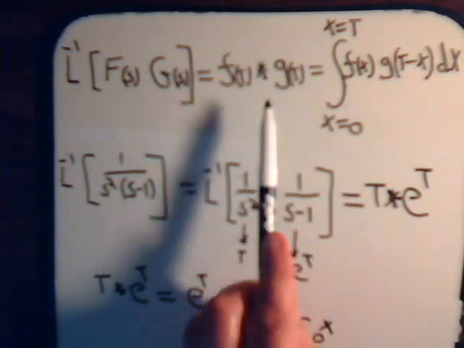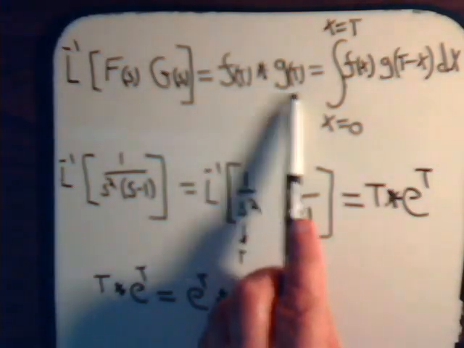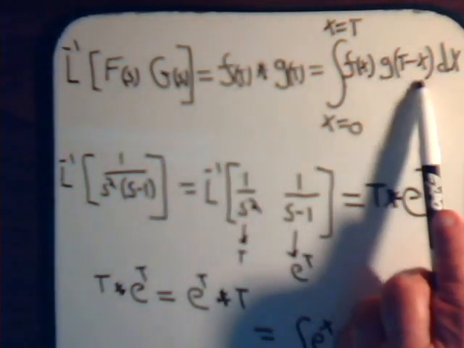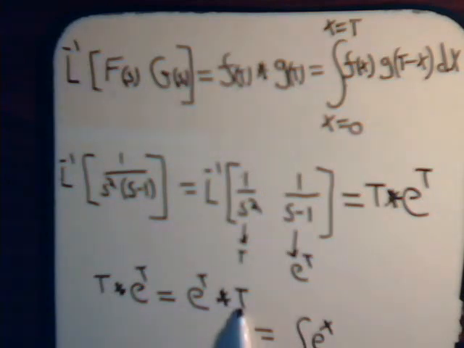Now, on the right-hand side of the star, g of t becomes g of t minus x. That's t, so this is just t minus x dx.